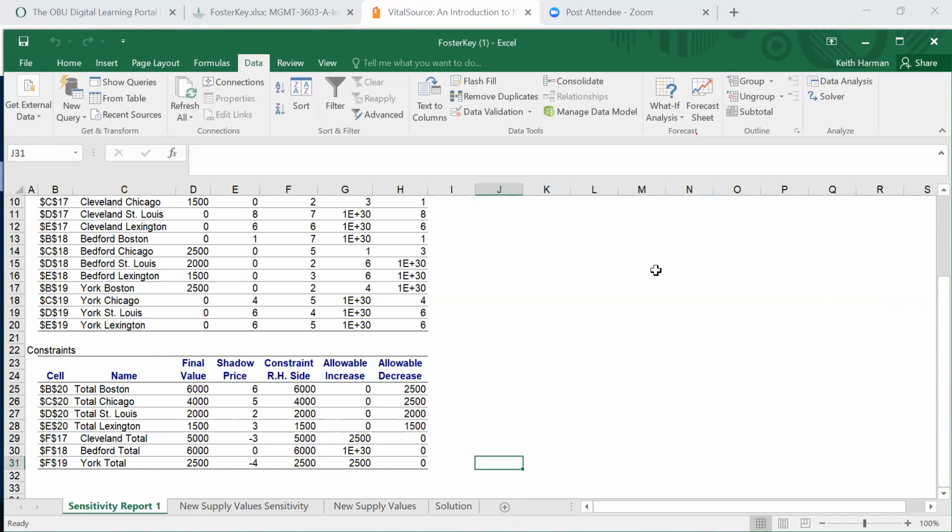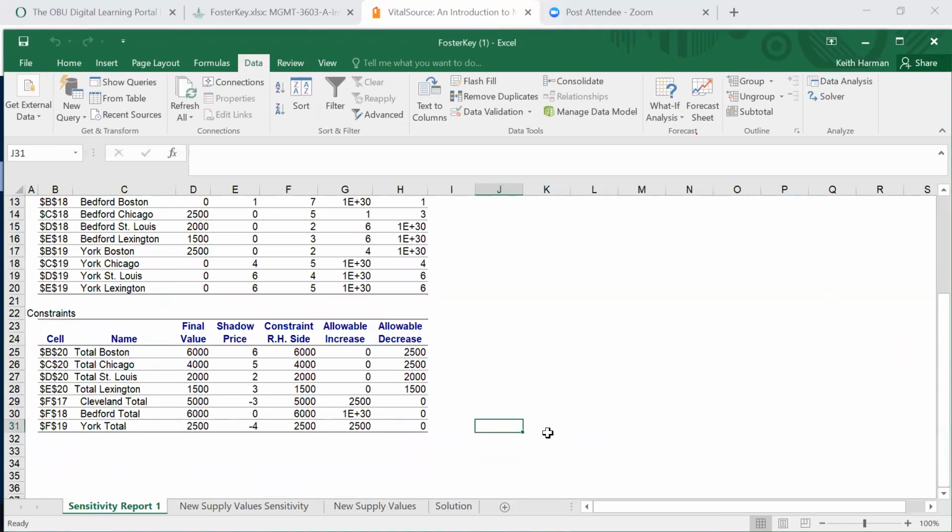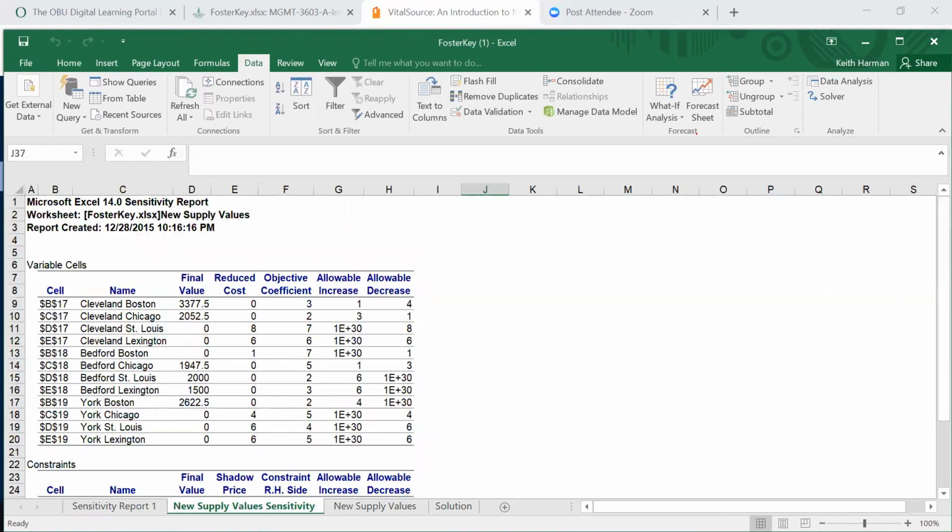It might be a bias in terms of the ownership of the company. So they may not optimize. They may choose to sub-optimize. And that's okay, as long as they understand they've made that choice and that the choice comes at a price, i.e. we could do better. Well, you can see the sensitivity, and then here's the new supply values.